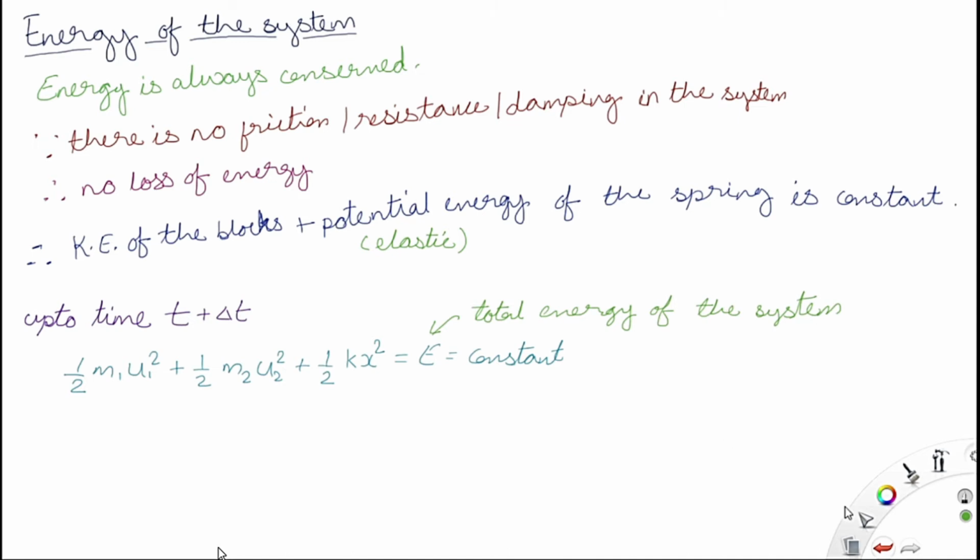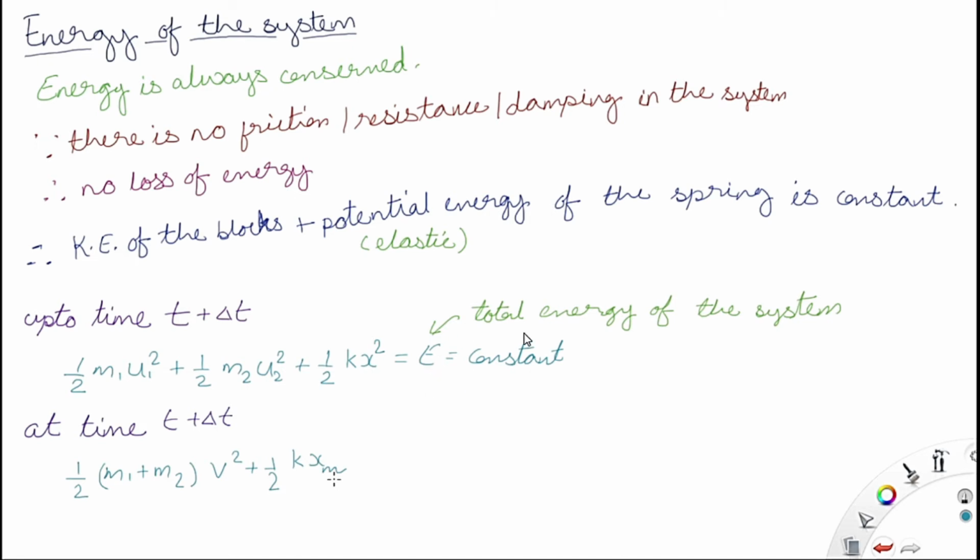Up to time t plus delta t, this energy is half m1 u1 square plus half m2 u2 square plus half k x square, where k is the spring constant and x is the compression of the spring, which is equal to E, the constant total energy of the system.